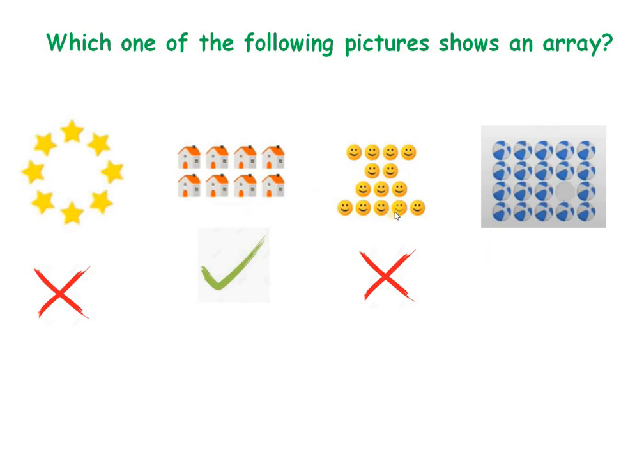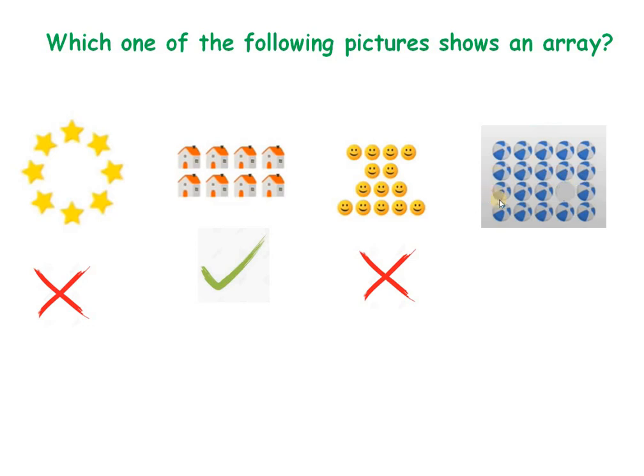Let's move on to the fourth picture. There are a lot of balls here. Let's count the balls in each row. The first row has 1, 2, 3, 4, 5 balls. The second row has 1, 2, 3, 4, 5 balls.